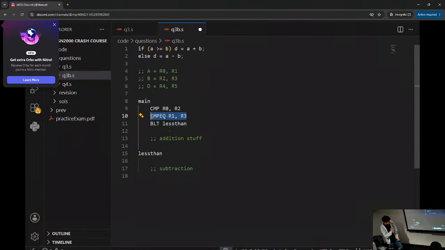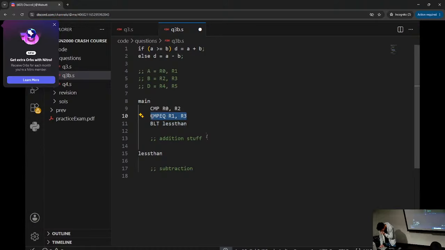But if they were equal, then the highlighted line will run and update the flags. So then the flags contain the comparison of R1 and R3. Does that make sense? Cool. So that's how we do the comparison between 64-bit numbers.